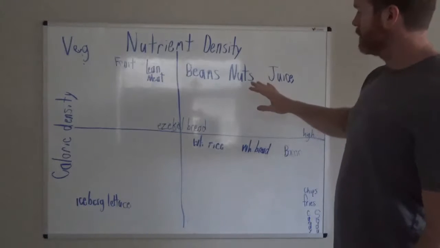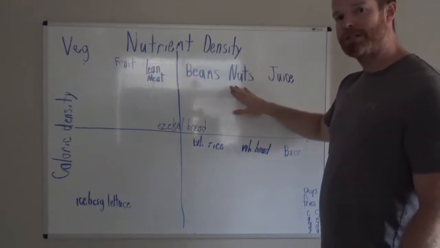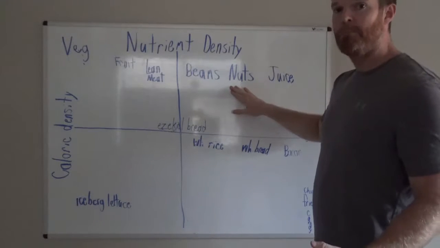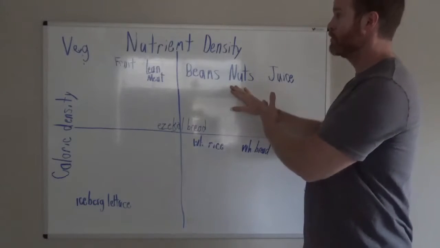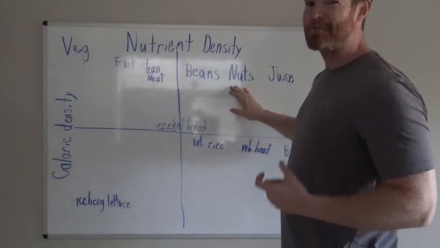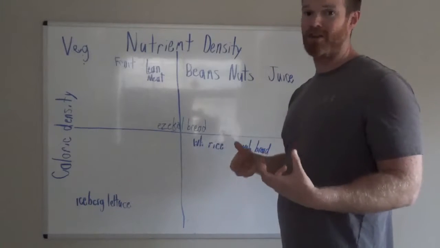Now, nuts have a lot of great nutrition that you're going to want, but they're very high caloric density. So if you're trying to lose weight, those portions have to be real small. If you're trying to gain weight, go ahead and just eat nuts all day.